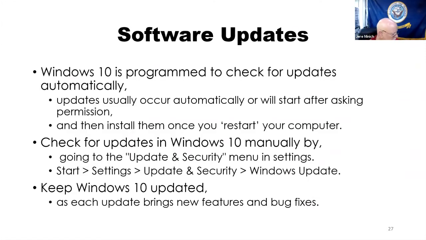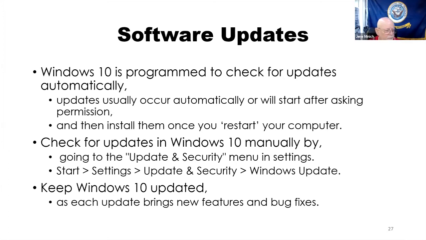Software updates. Now we're talking about apps and programs that you have on your PC. And again, you need to make sure they have the latest updates. The developers of these different programs stay in tune with Microsoft.